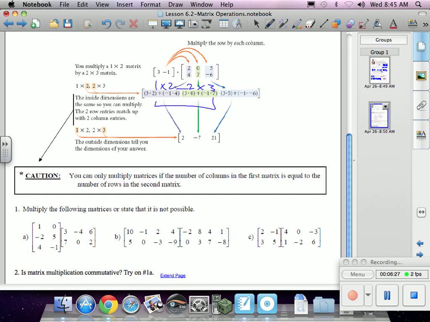So my resulting matrix will be a 1 by 3, and you can see that's right here, okay? So when I multiply the first row by the first column, that one is going to go in row 1, column 1. When I multiply the first row by the second column, that one is going to go in the first row, second column, and so on.